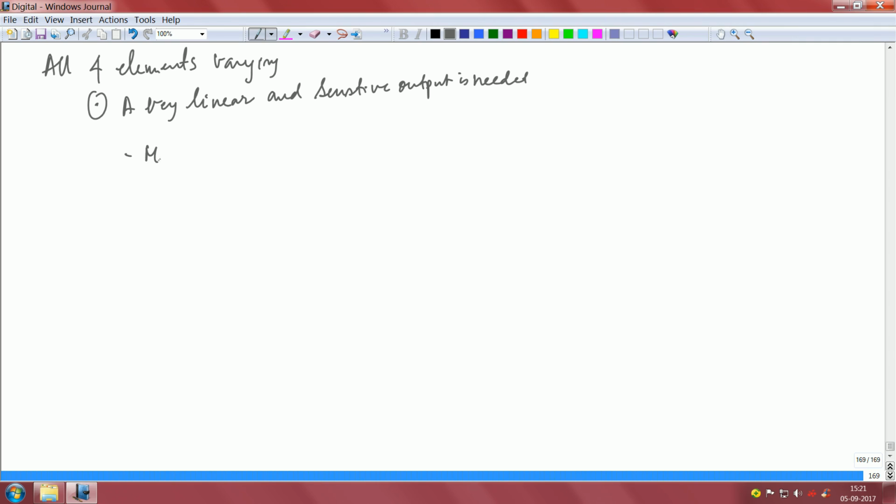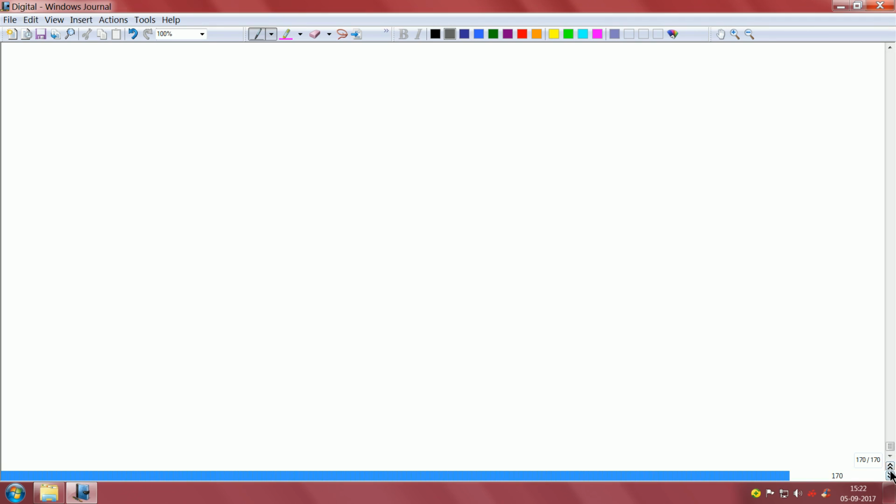So, hard part is matching the elements is difficult or can be difficult, so it is sometimes rare to see all 4 elements varying, particularly if you are talking about any low end application.